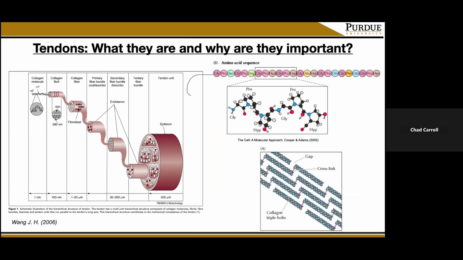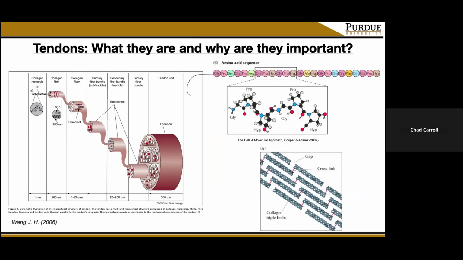To give you a little bit more about how the tendon is organized, this looks a lot like your muscle physiology picture, where we go from the whole muscle down to the muscle fiber. Now, the tendon doesn't have sarcomeres, but we study it at different levels because different things can happen at different levels.